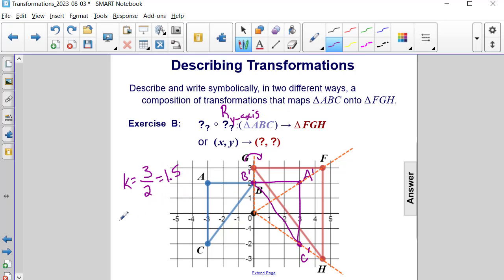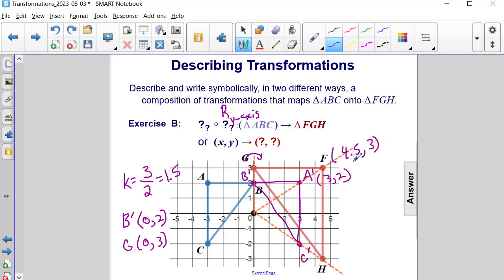We can also see this by taking the coordinates of our pre-image and image, like B prime, which is at 0, 2, and G, which is at 0, 3, and putting the image point over top of the other to get 3/2, or 1.5. Let's see how this also holds true between point A prime and point F. So A prime has the coordinates of 3, 2, and point F has the coordinates of 4.5, 3.